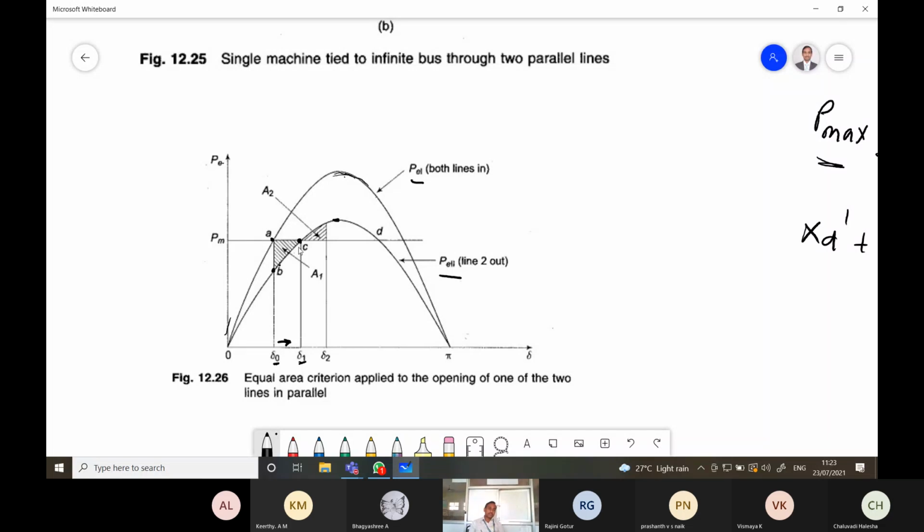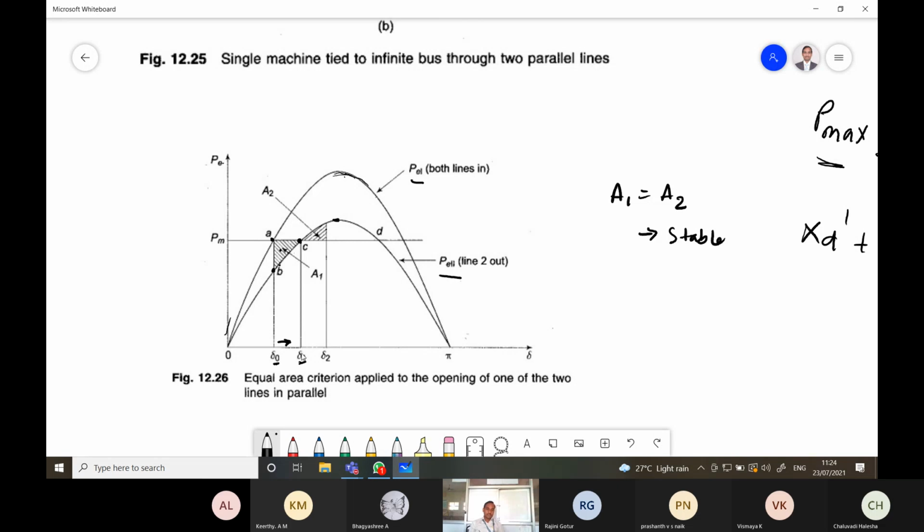Again, you will get point C. Now we consider A1 equal to A2, the equal area criterion, so the system will be stable. When areas A1 and A2 are both equal, the system is stable.